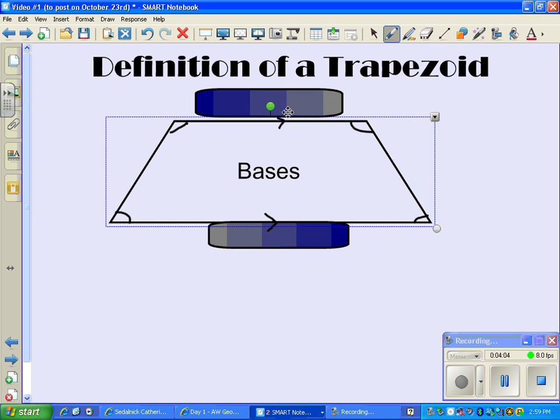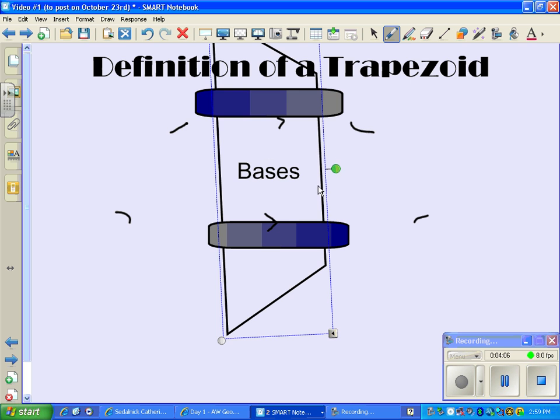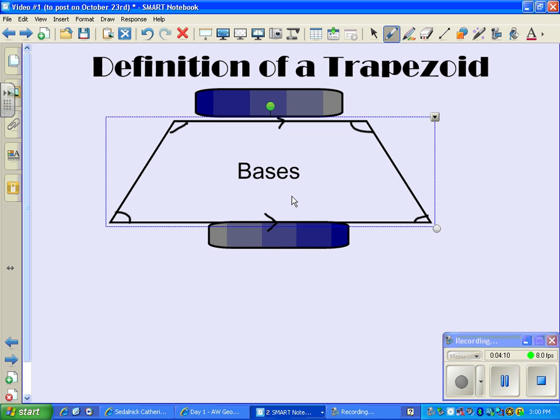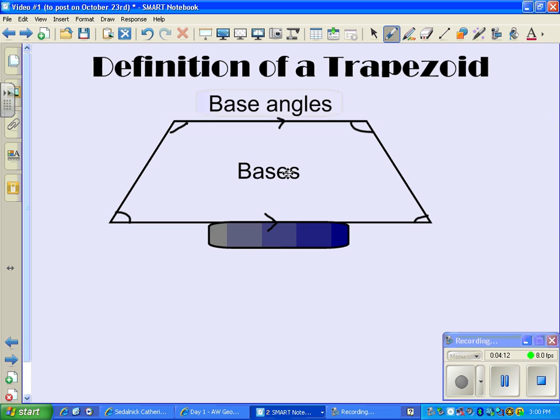And it doesn't matter, if you were to rotate this, the sides that are parallel would still be the bases. We call the base angles, so for this bottom, here are the two pairs of base angles for that bottom. And then the top, here are the two base angles for that base.